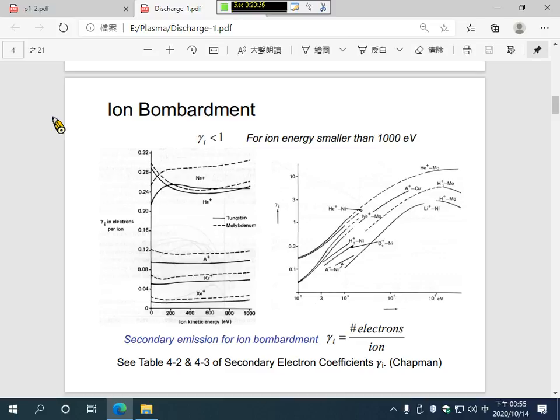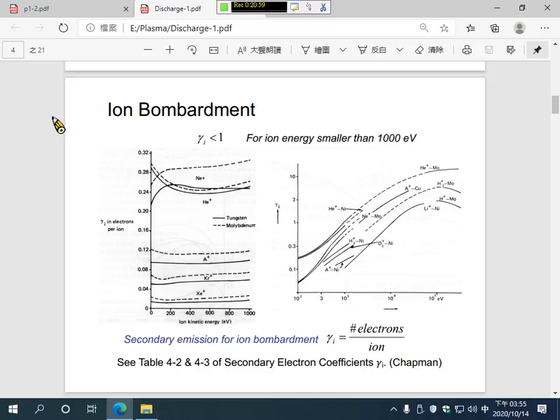Okay. So if you generate a plasma, you can find that the cathode will be bombarded by ions. And the energy of ions depends on the cathode fall, or depends on the applied voltage.